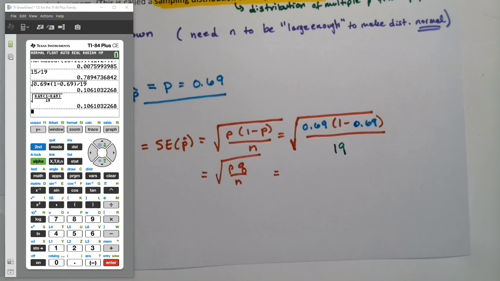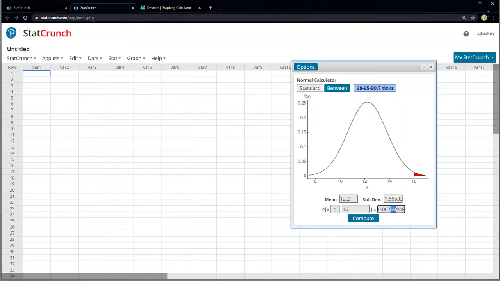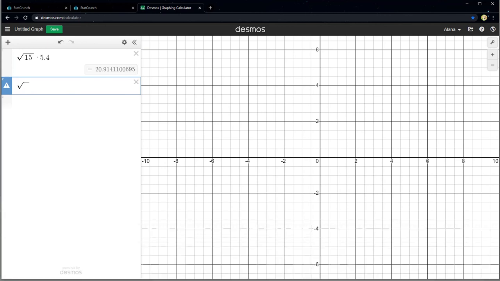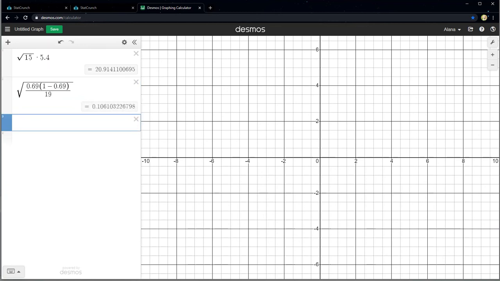Me personally, I think it's easier in Desmos, because Desmos always looks like it's going to look on the page. So if I hit square root, which again you can get from this palette down here, and then say 0.69 times 1 minus 0.69, and close that out, and then press the division symbol, and then do 19, and you get 0.1061.